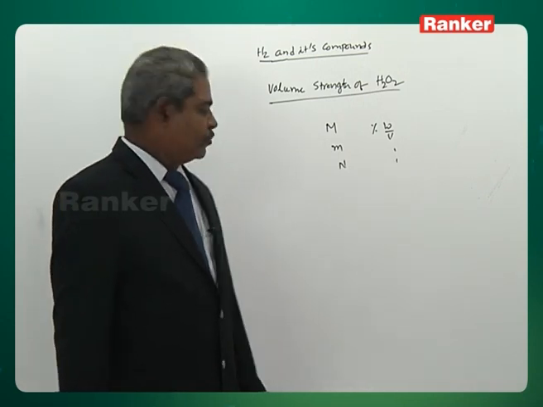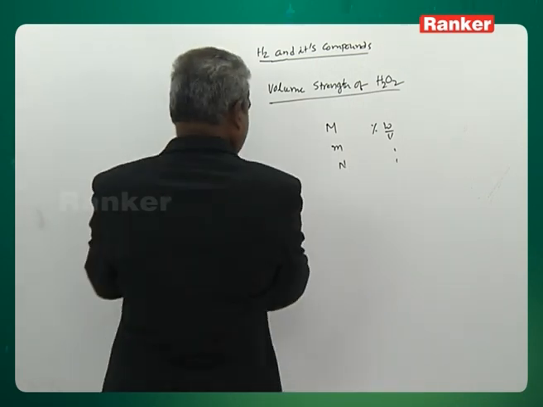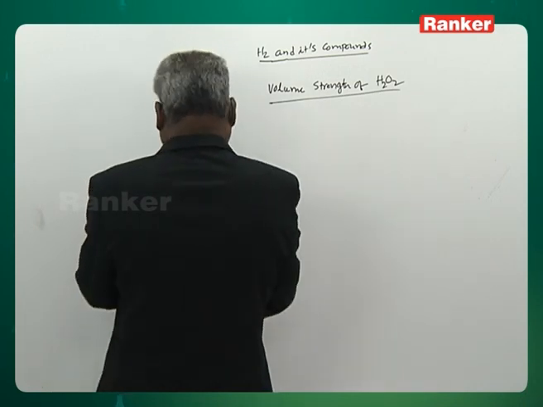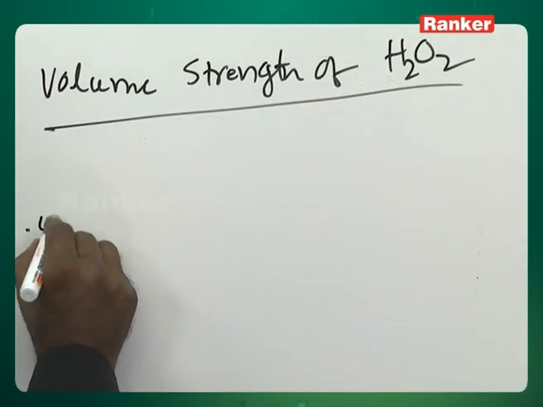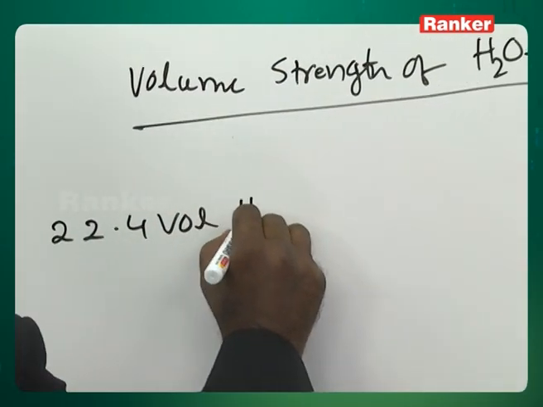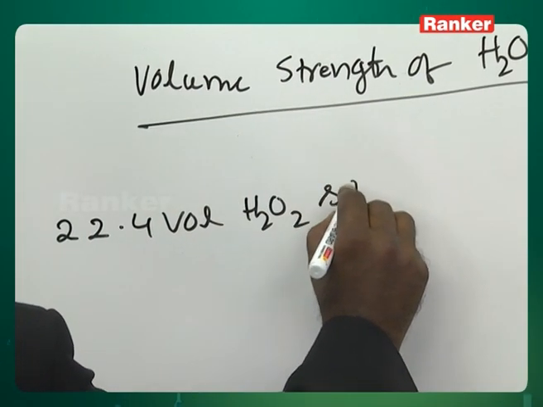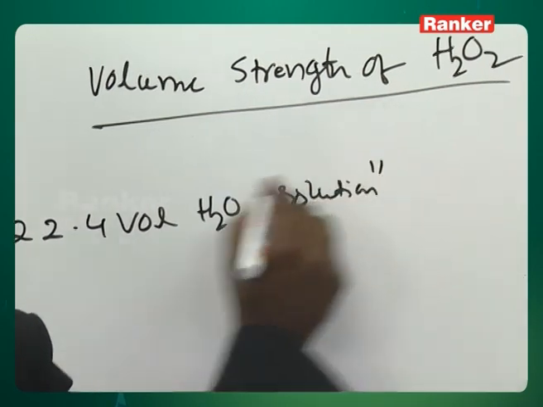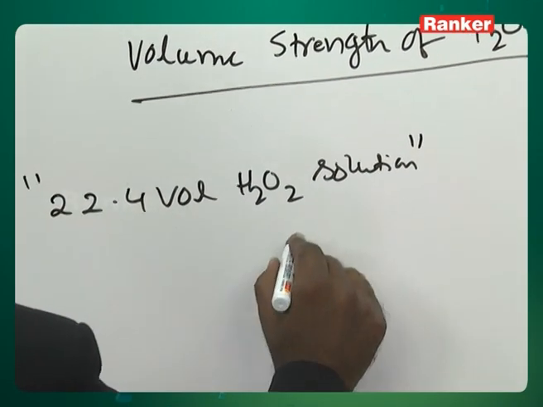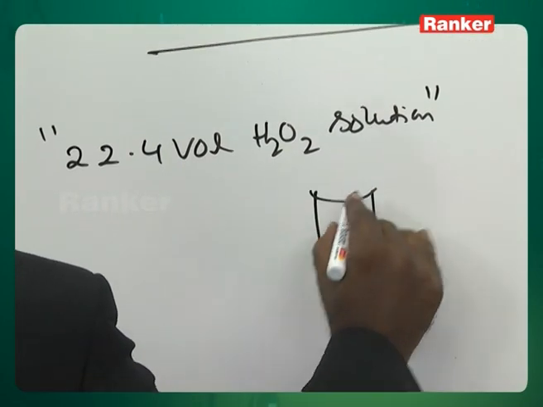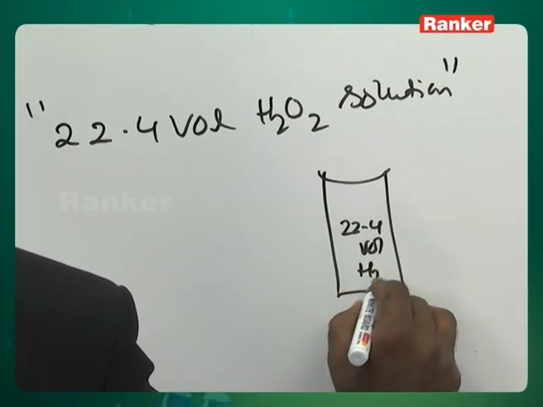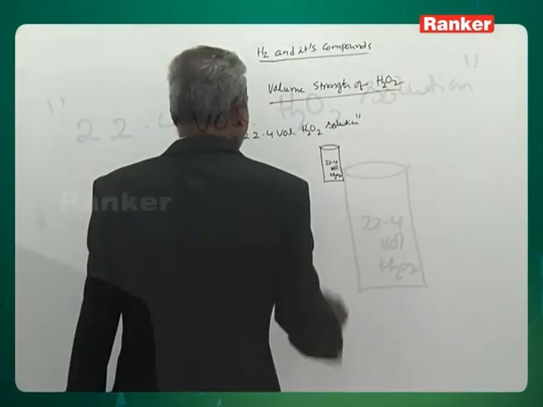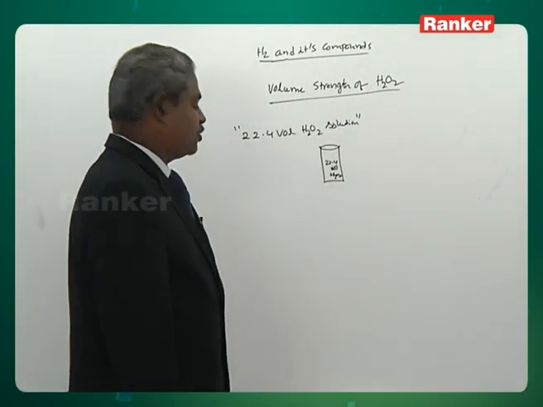Look here, what do you mean by this? 22.4 volume H2O2 solution. Somebody says it is 22.4 volume. A bottle is labeled as 22.4 volume H2O2. There is a label on a bottle.